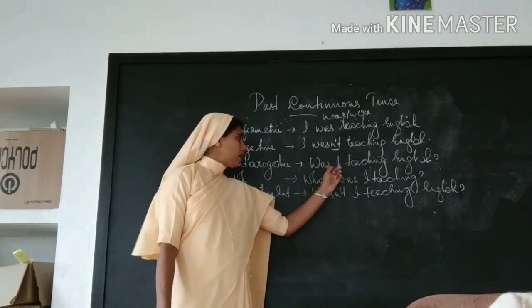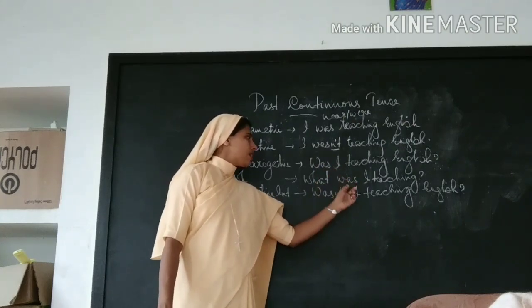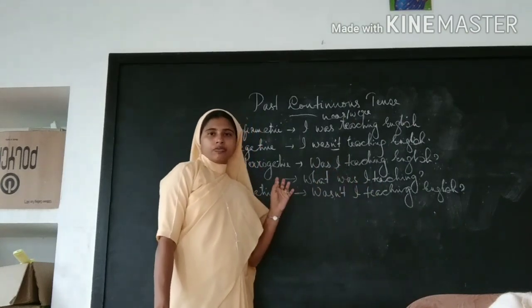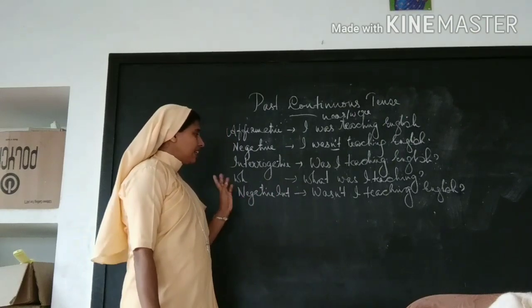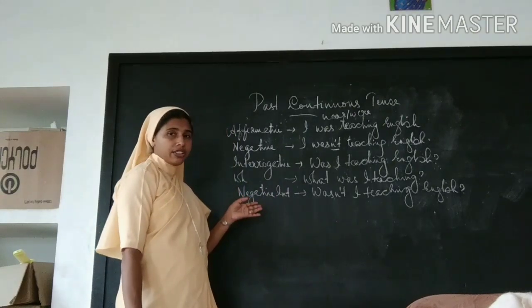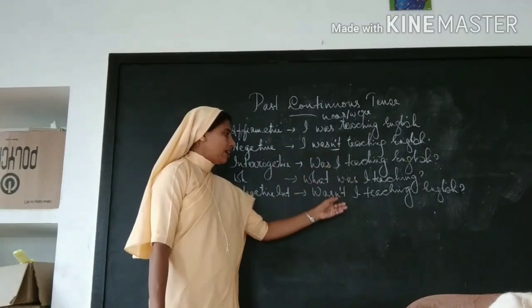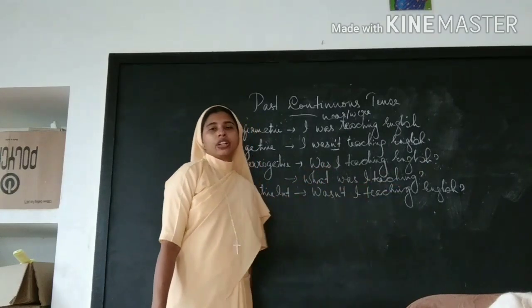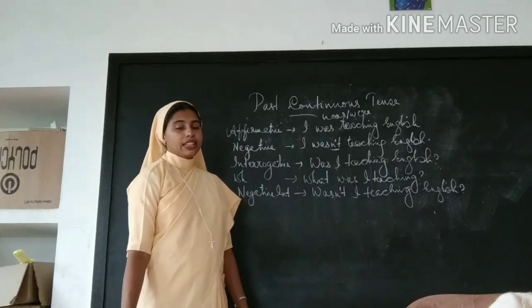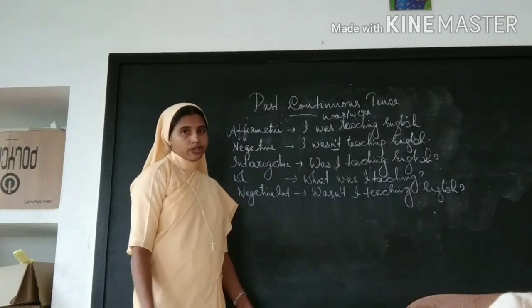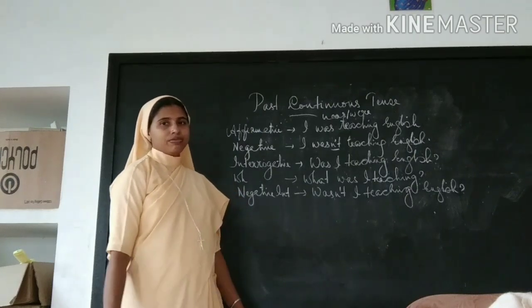The WH word must be added before this. What was I teaching? And for negative interrogative sentences, you have to add n't along with was. Wasn't I teaching English?